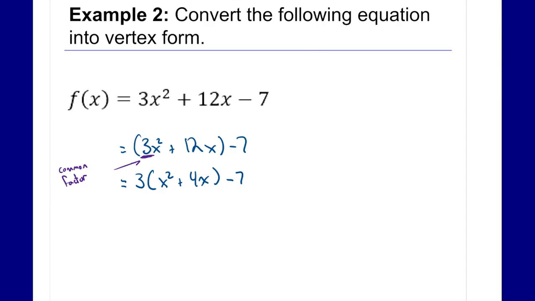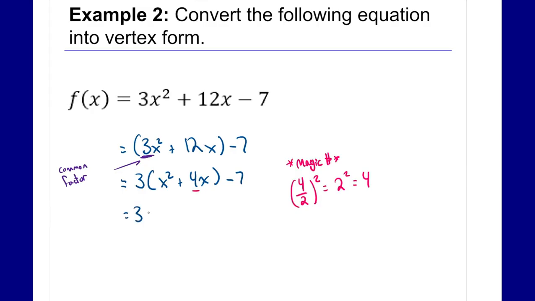Now that I've factored the first two terms, I need to find my magic number. So the magic number, I'm going to take 4, divide it by 2, then square it. So 4 divided by 2 is 2, 2 squared is 4.